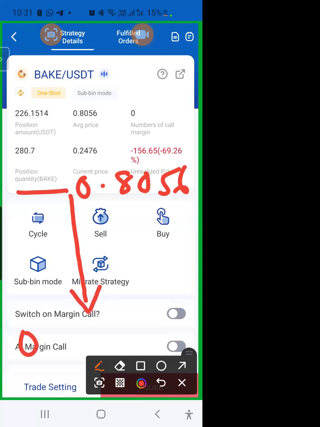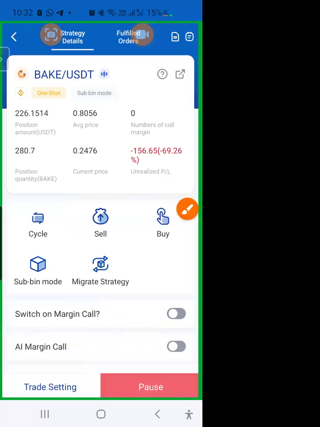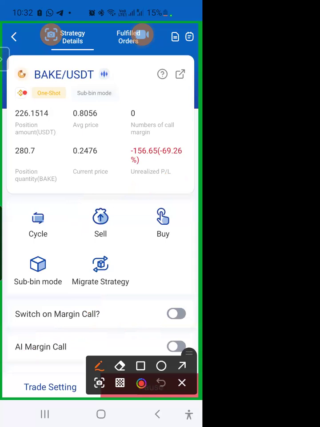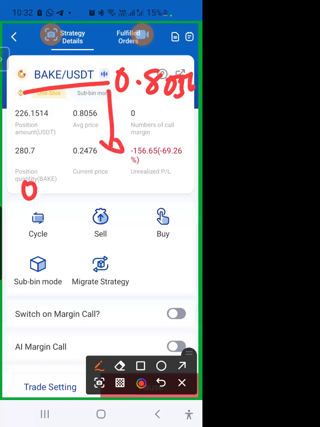It went to 0.2476. Let me actually draw it here when I have a space. You entered it from here at 0.8056. It dipped down. It took you into floating loss. Now the current price is at 0.2476.